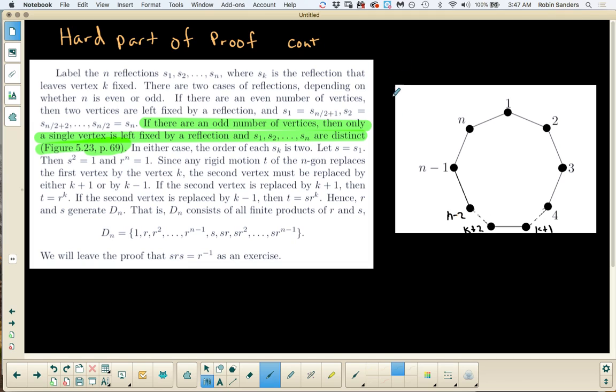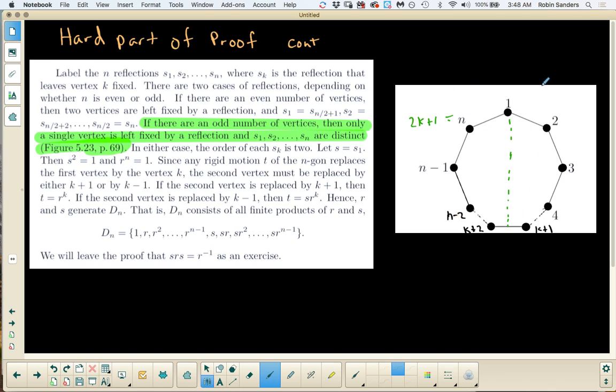Well, if we have an odd number of vertices, then it turns out that all of our flips have one fixed vertex, and the line of symmetry goes to the opposite edge.